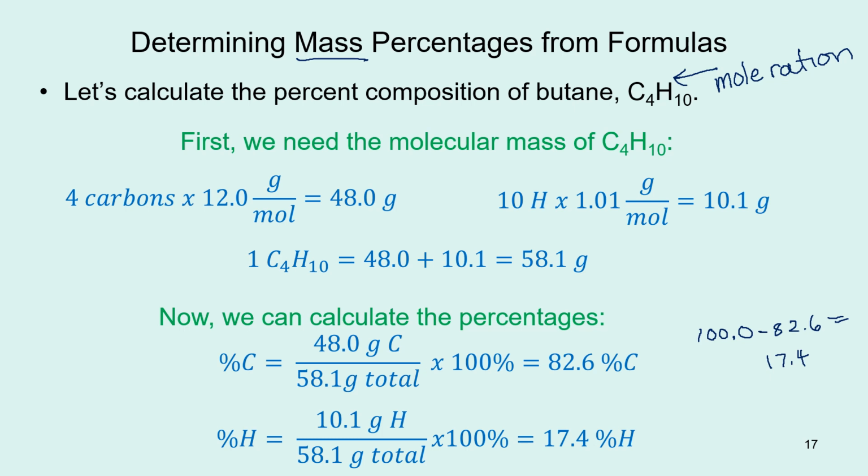But anyway, here's our mass. So clearly, a formula like this is kind of counting. There's 4 carbons and there's 10 hydrogen. But in terms of mass, we know that carbon weighs a whole lot more than hydrogen. So overall, in the whole molecule, the biggest mass, 82.6% of the whole thing, is the carbon, and only 17% is the hydrogen.